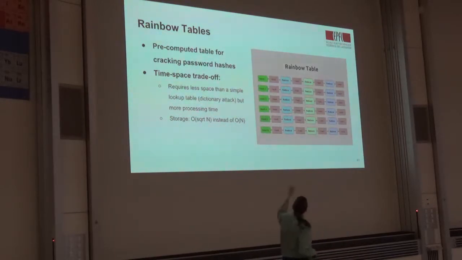And at each step, we're basically generating a new password try and then rehashing it, and then generating another potential password and then rehashing it again. We're trying a bunch of combinations in each row, and each row is going to be about order square root of n in length. And then we're going to have about square root of n different rows that are basically independent of each other.